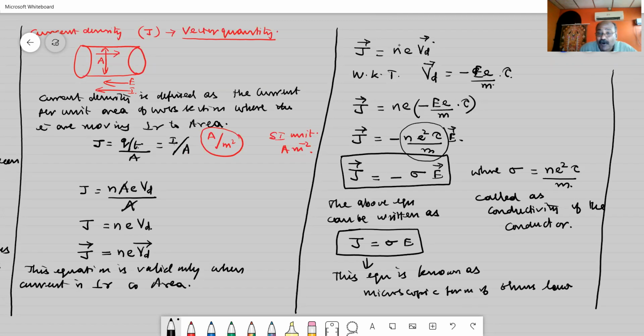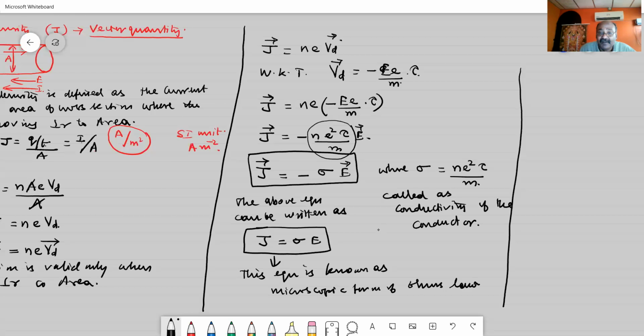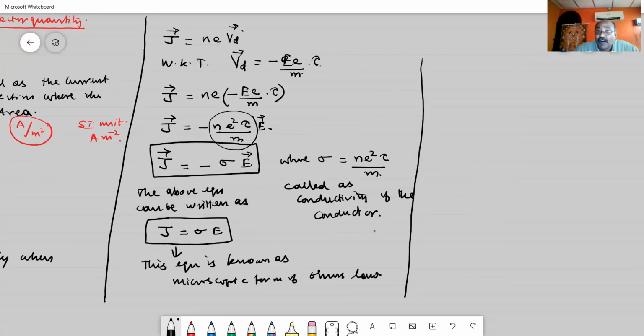We can take the reciprocal of this conductivity. This reciprocal of conductivity is called resistivity.